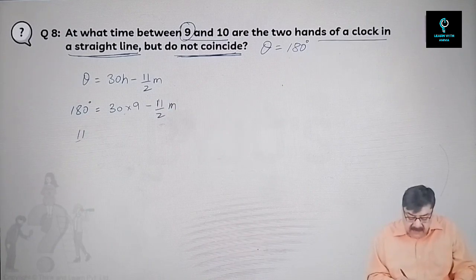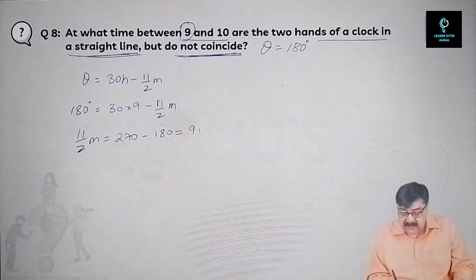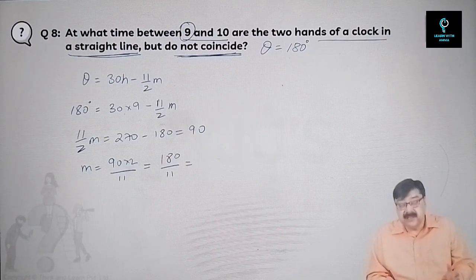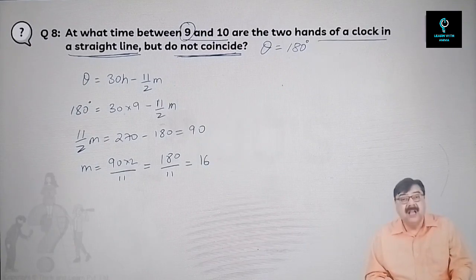So we have 11 by 2m is equal to 30 into 9, which is 270, minus 180, which gives us 90. So m here is equal to 90 into 2 by 11, that is 180 by 11. So 11 ones are 11, 7 remains, joins with 0, so 70. 11 6s are 66, 4 by 11.